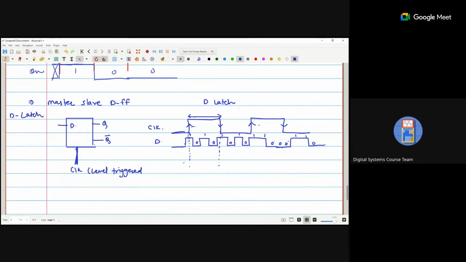And between this negative level, there is no change. Okay, data is no change or data change.